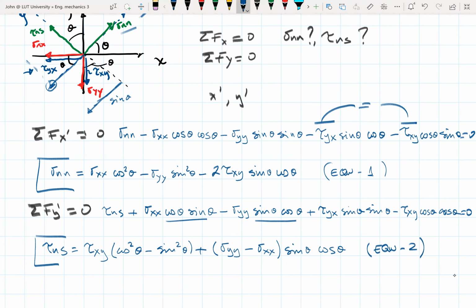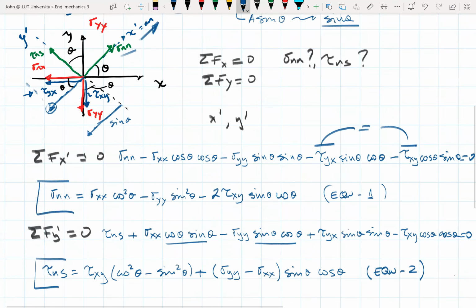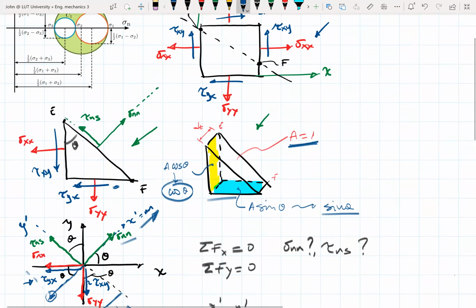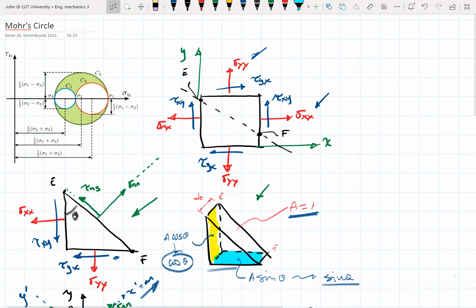Now let's recap to see what we have done. Let me change this one here, this has to go down here, tau xy. We want to get to the point where we can use the results of the principal stresses in 3D and represent them on a 2-dimensional graph called Mohr Circle.